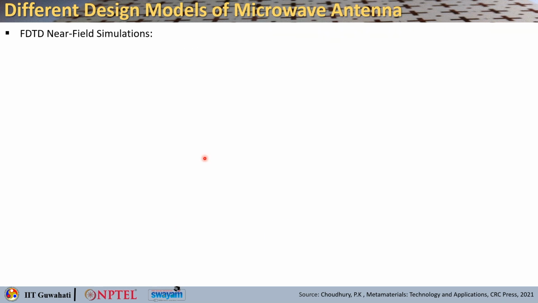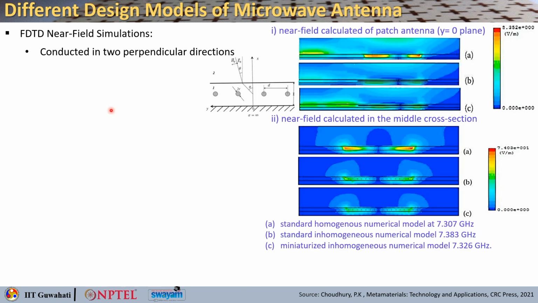So, in this study, FDTD simulations for the near field around the antenna are performed in 2 mutually perpendicular directions. Okay. So, the corresponding fields are plotted in figures 1 and 2. So, here you can see in figure 1 you are plotting the near field calculated at the cross section in the y equals 0 plane of the patch antenna.